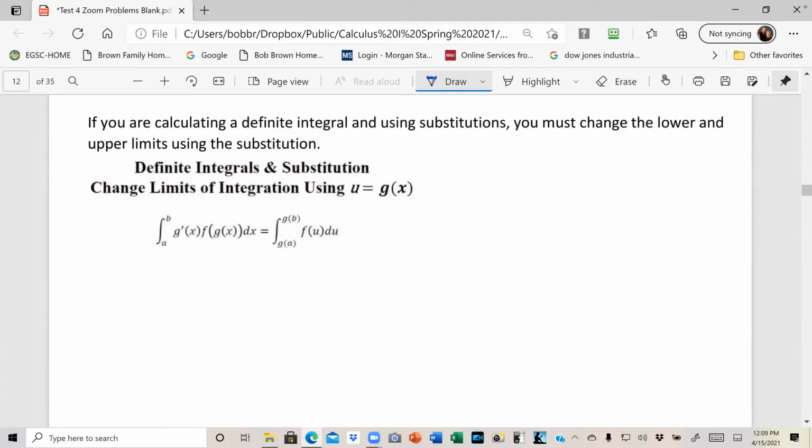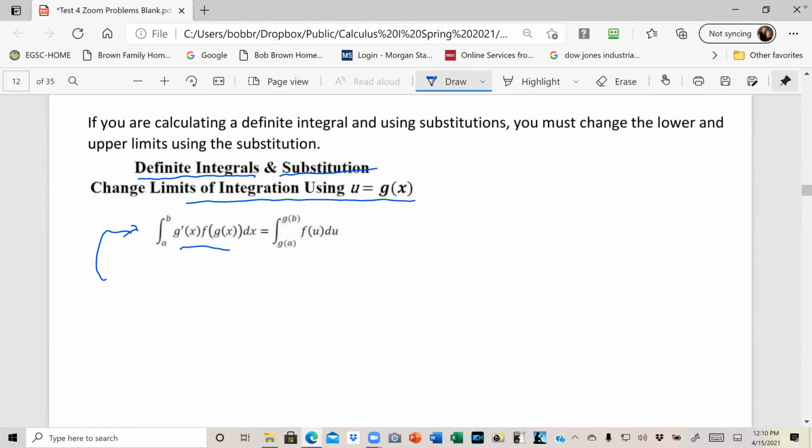Another thing to remember, if you have a definite integral and you're using substitution and you need to calculate an actual number for the integral from a to b, you need to change the limits of integration using u equal g of x.